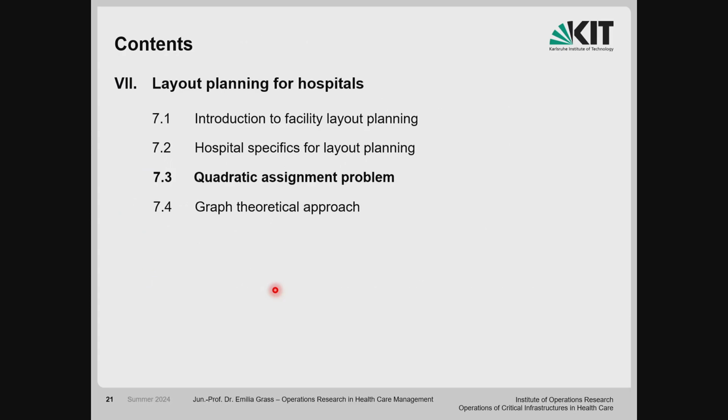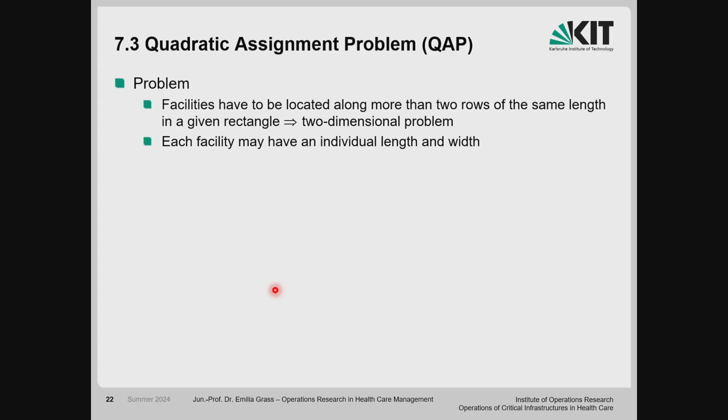Okay, so let's start with the quadratic assignment problem, where the task is to allocate the departments to the rooms we have available. So we have a two-dimensional problem, and each facility, each ward, has to be assigned to a particular room, and each one has an individual length and width.